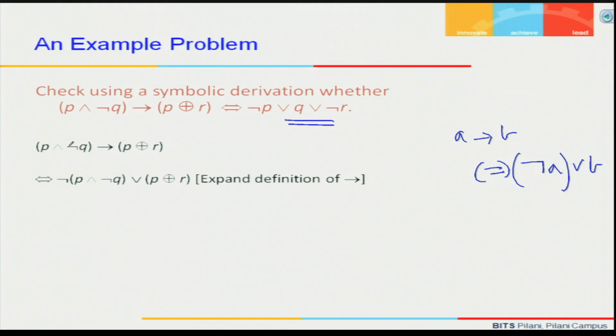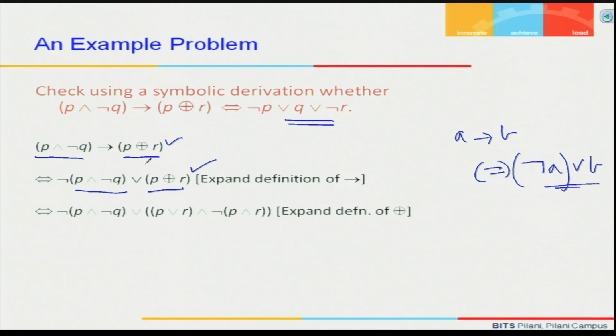According to that law, this is A and this is B, so A implies B is not of A or B. So I just put that law here, and we say that these two are equivalent statements.